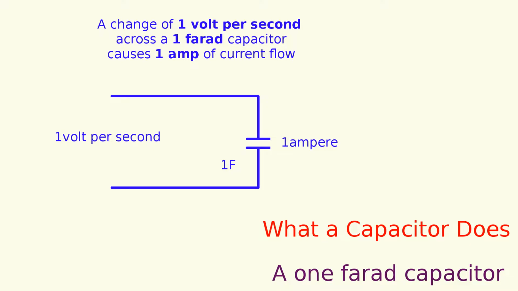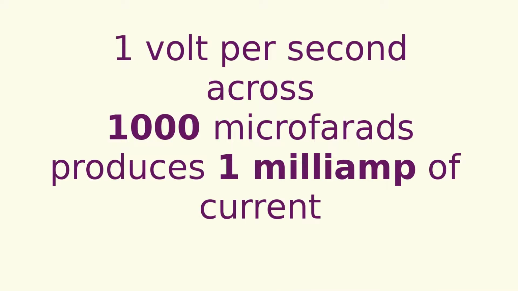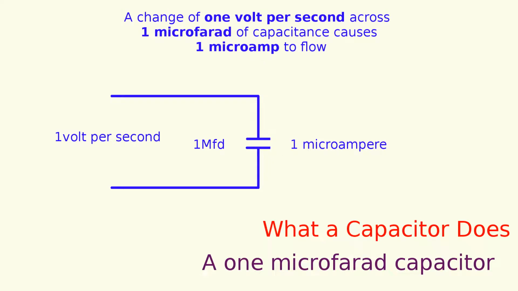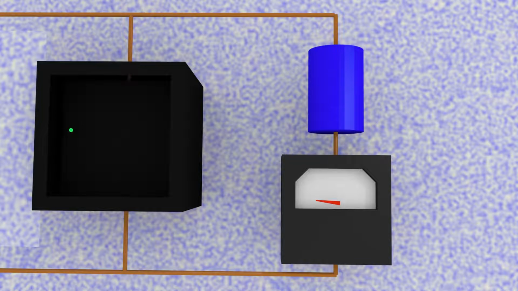Also consider these: 1 volt per second, 1,000 microfarads, 1 milliampere. And 1 volt per second, 1 microfarad, 1 microampere. The time view, with volts per second as the measure, is only occasionally used, even though it can often make a circuit easy to understand.